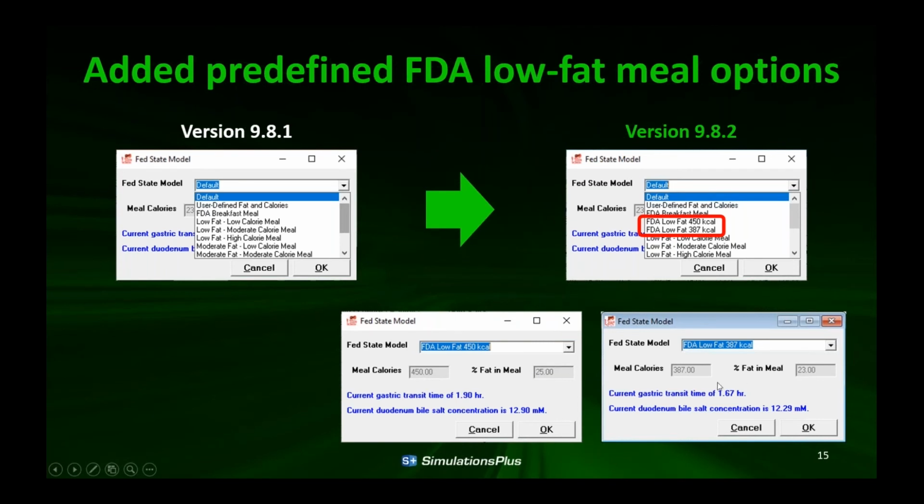One is 25%, and the other is calculated as 23%. When you select a different meal type, the program will, based on the meal type, meal calorie, and percent of fat in the meal, calculate the stomach transit time and the bile salt concentration in the GI tract. This will all be handled automatically by the program based on the meal input.